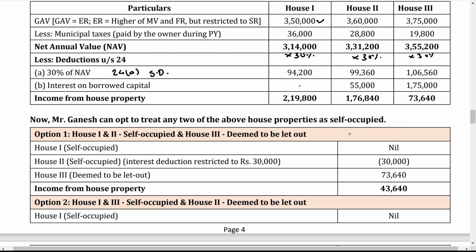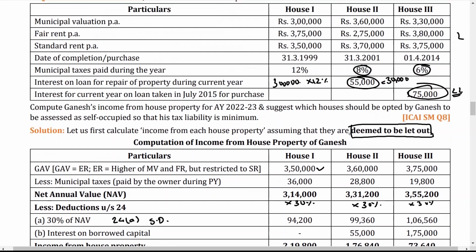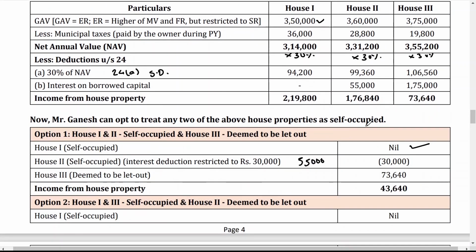If house 1 is self-occupied property, its income is nil. For house 2, if it is self-occupied property, interest deduction is restricted to 30,000. Interest is total 55,000 as given in the example, but it is restricted to 30,000. So that is why 30,000 negative income is there for the second house.